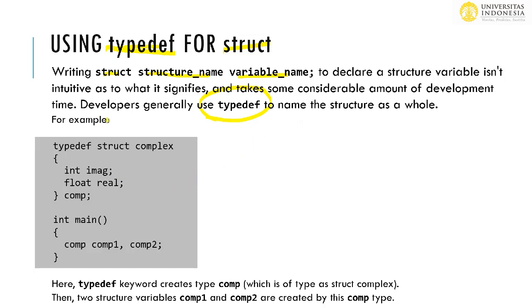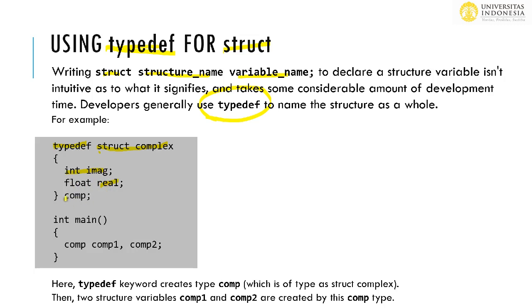Okay, so for example, you first write typedef, then struct and the name of the structure. In this case, complex is the name, and it contains one integer, imaginary, and one real or float variable, which we call real.